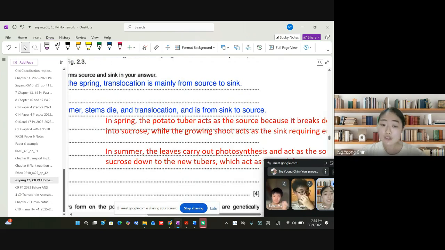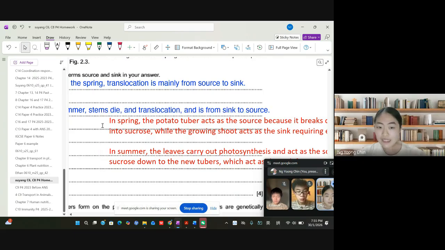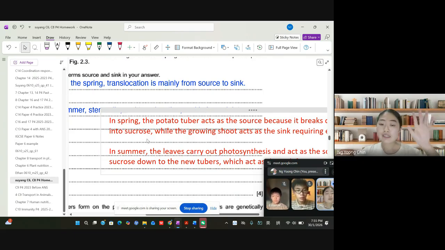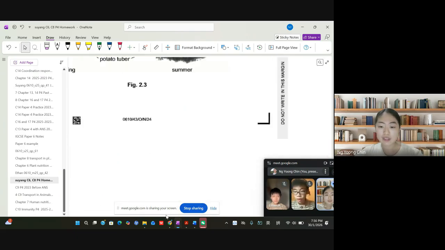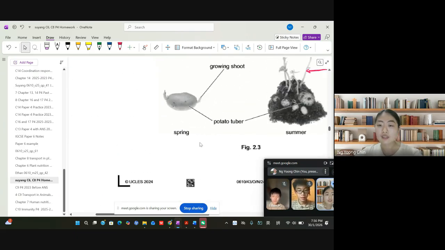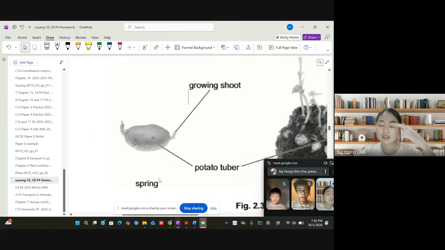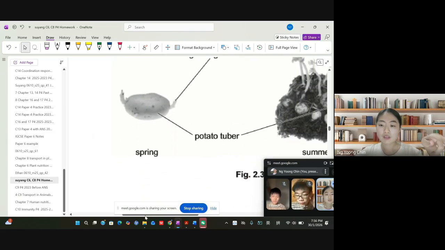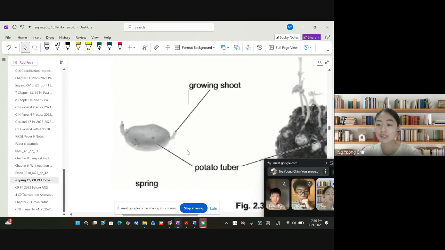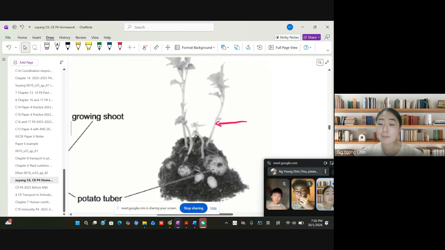But the problem is your plant still needs to survive. So now, in the summertime, just remember, this is your shoot.